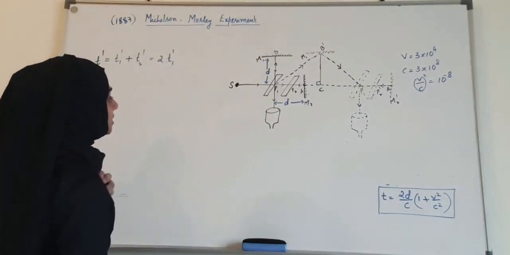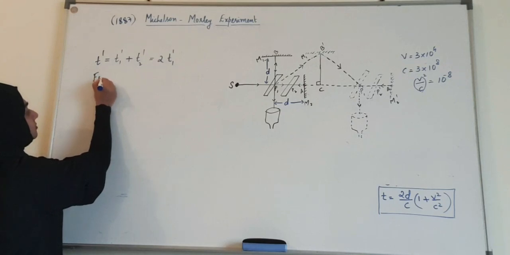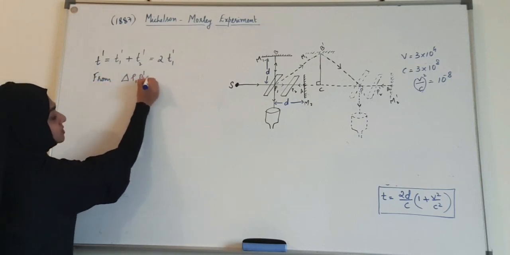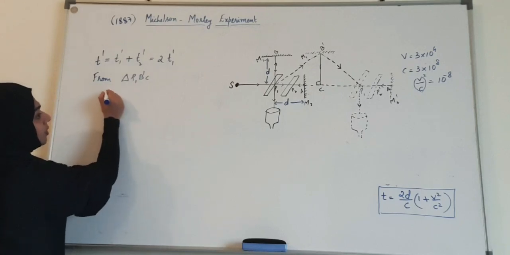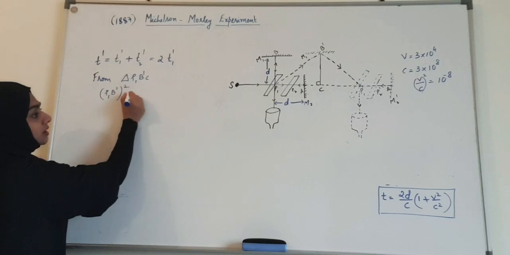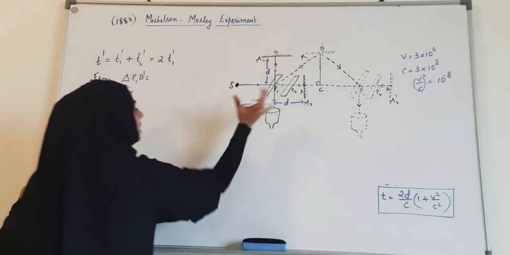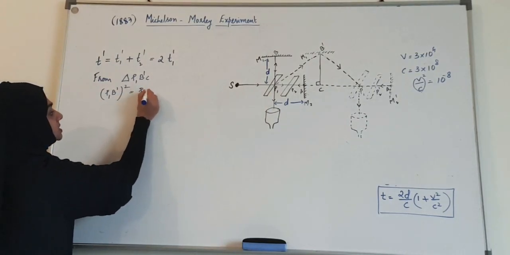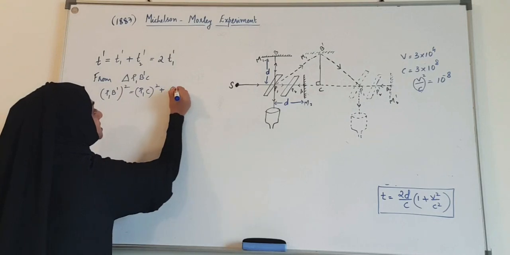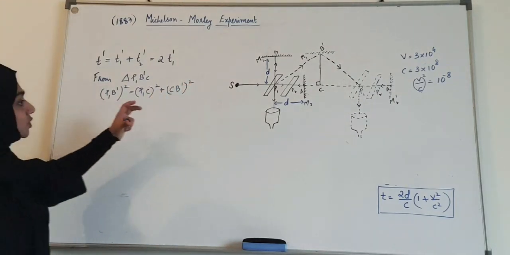So applying Pythagoras Theorem, from triangle P1, B prime, C, we have P1 B prime, which is the hypotenuse, whole square is equal to base square plus height square. Base is P1C, the whole square, plus height is CB prime, the whole square. So let me substitute this value.